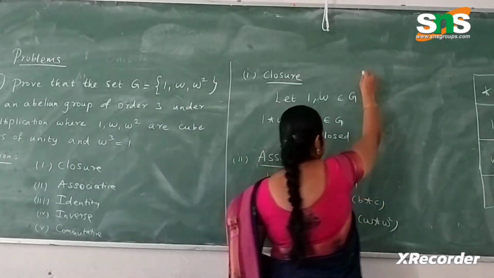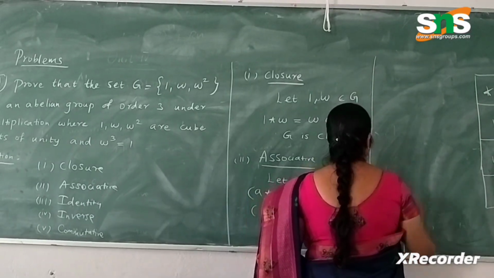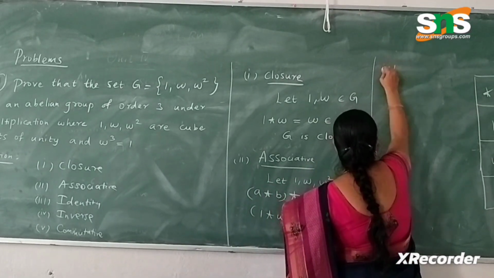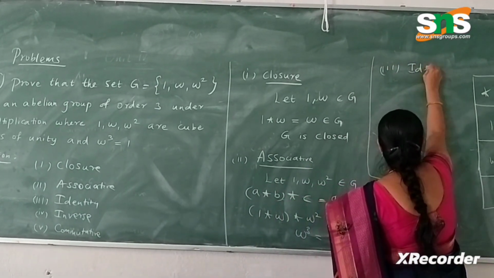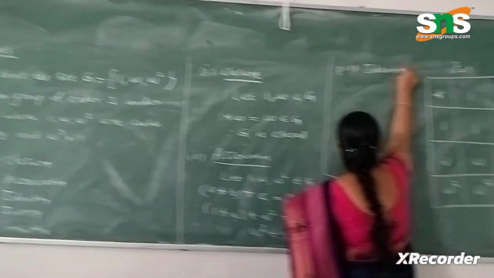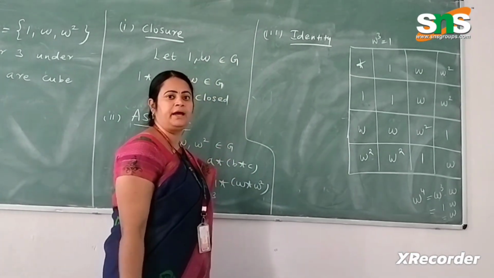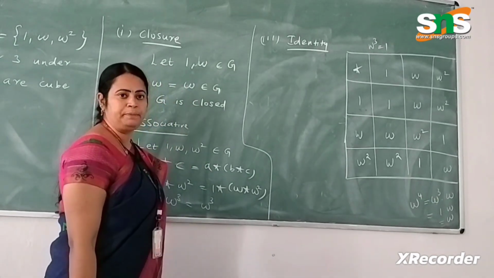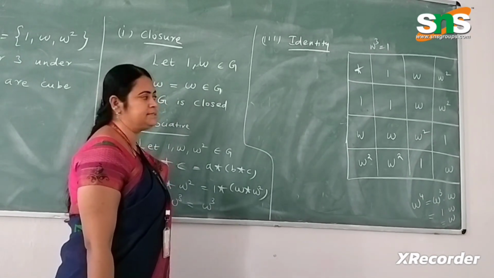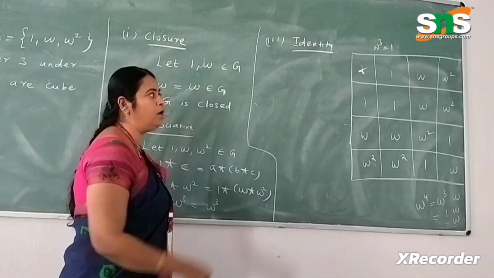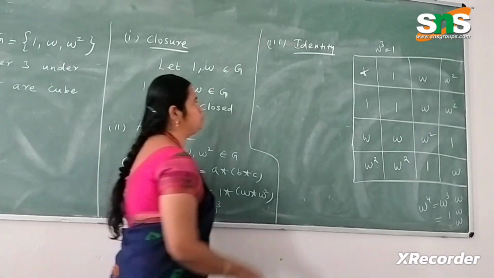The third condition is identity. For each of these elements you have to find the identity element. Our multiplicative identity is 1. Additive identity is 0 and multiplicative identity is 1.